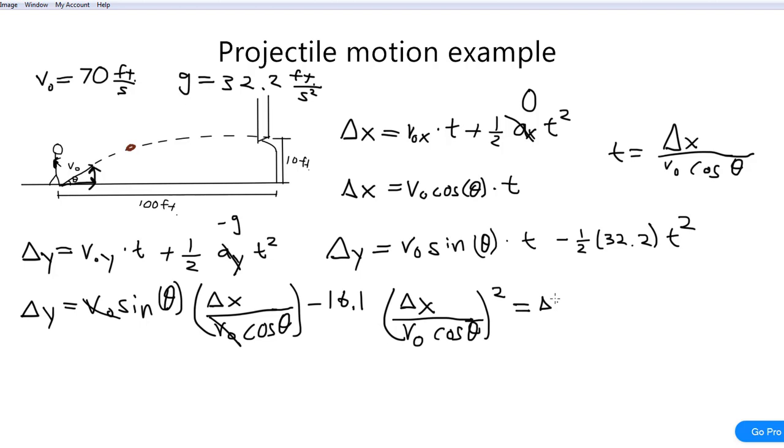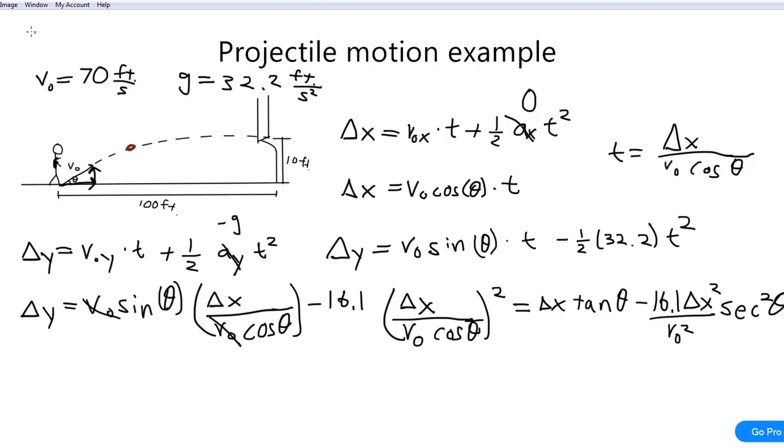So it's going to be delta x tangent theta, and then minus 16.1 delta x squared over v naught squared, and then cosine squared in the denominator is just going to be secant squared in the numerator. So it's going to be secant squared theta. Now let's implement all our numbers.